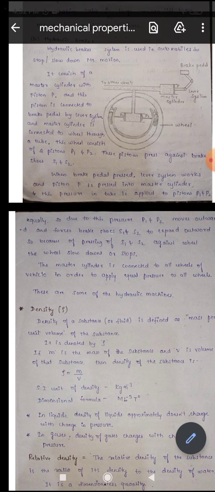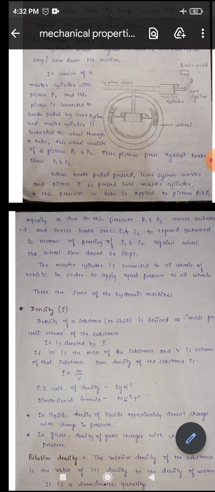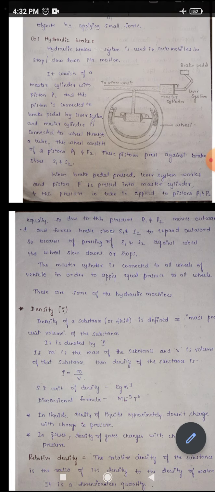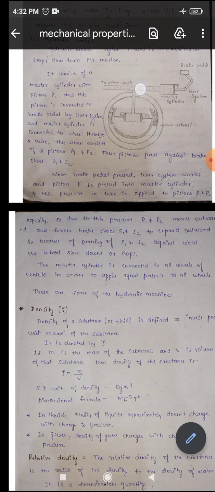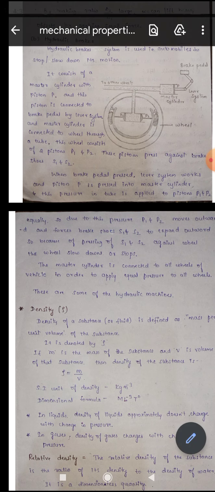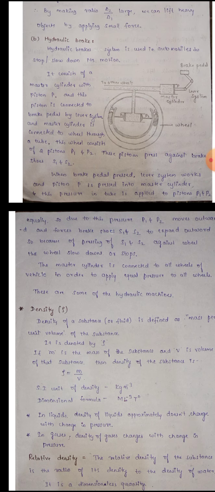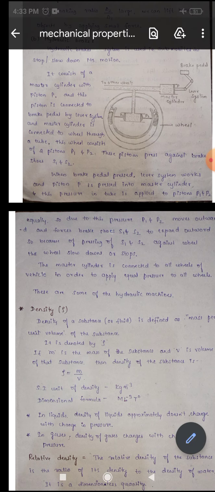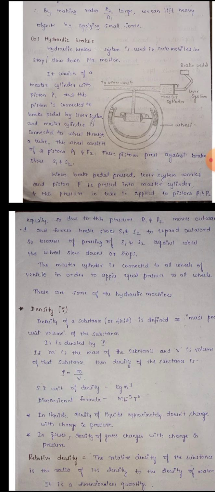When the piston is pressed, the fluid in the tube gains pressure. Because of that pressure, the pistons P1 and P2 get equal pressure from the master cylinder, so both P1 and P2 move outward.